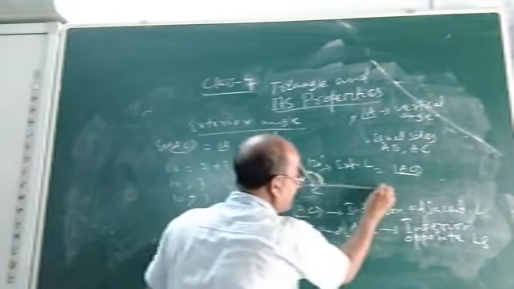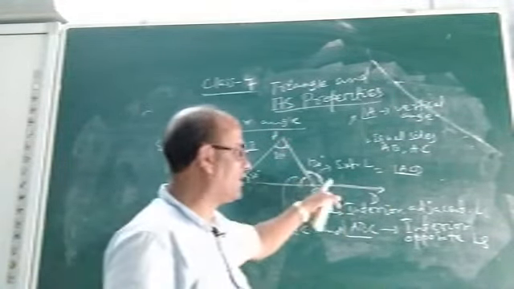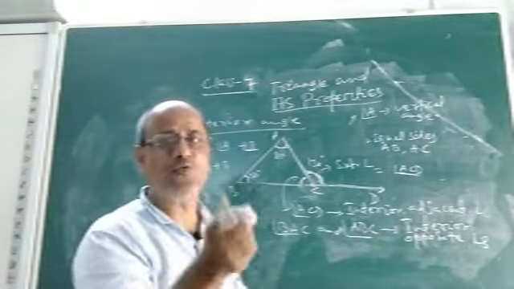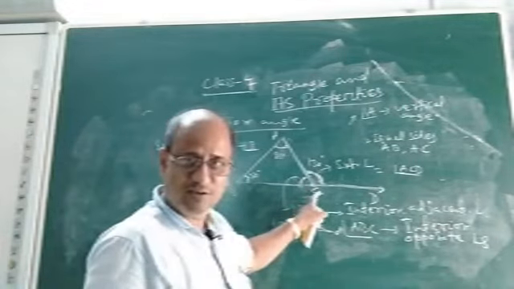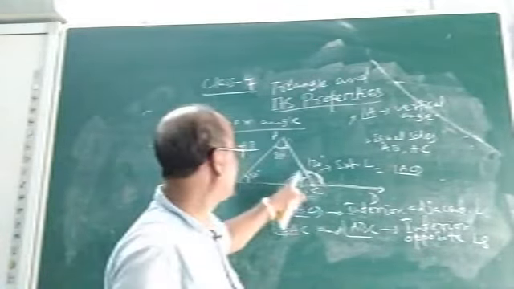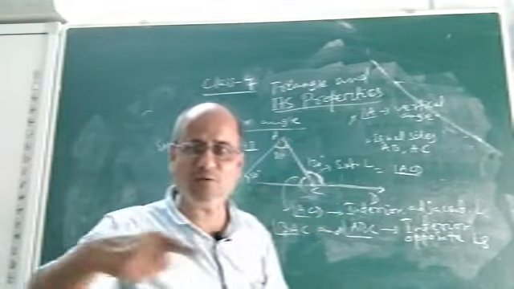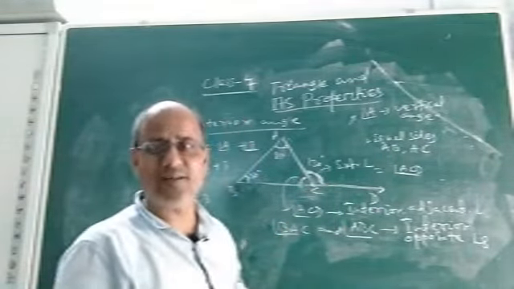The non-common arms CD and CB lie on a straight line. So two angles are said to form a linear pair if they have a common vertex, that is C, a common arm, that is CA, and the non-common arms CB and CD lie on one straight line. That is the reason why these two angles form a linear pair.